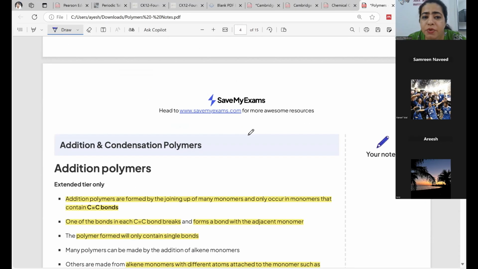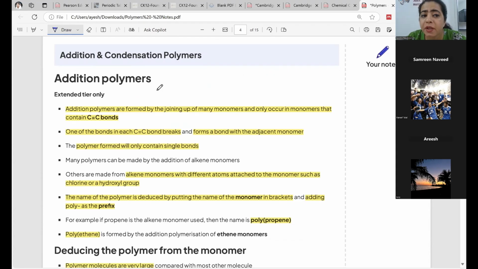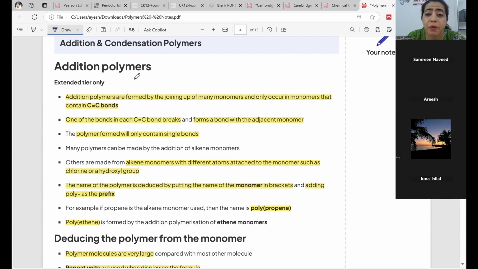We have basically two different types of polymers. The first one is addition polymer. In addition polymer, there are some conditions on what type of monomer we can take to make an addition polymer at the end. The monomer that we are taking in addition polymer should always have a carbon-carbon double bond.